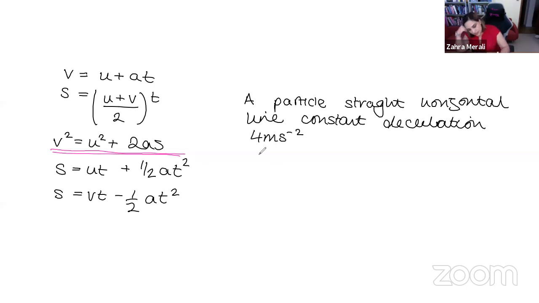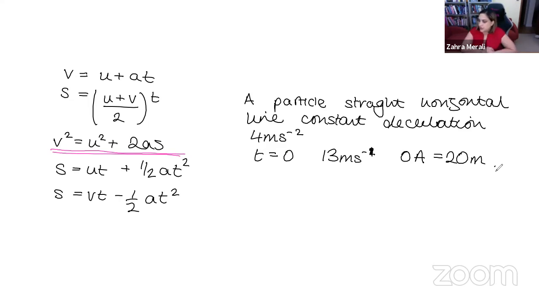So at time t equals 0, it's at 13 meters per second, and it's traveling from O to A, which is 20 meters apart. And we want to find the time that the particle passes through A. So we've got O.